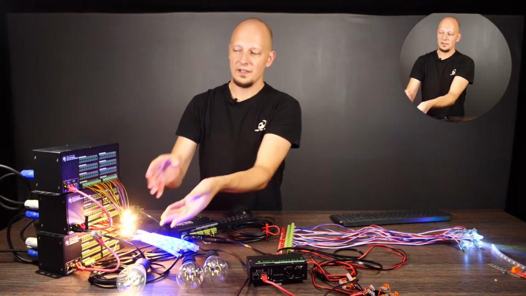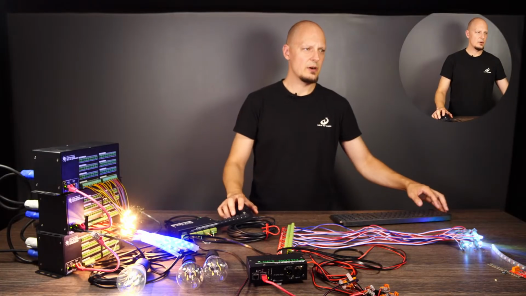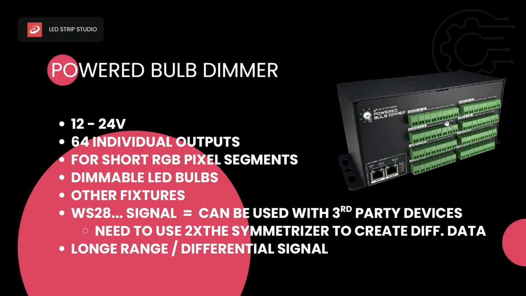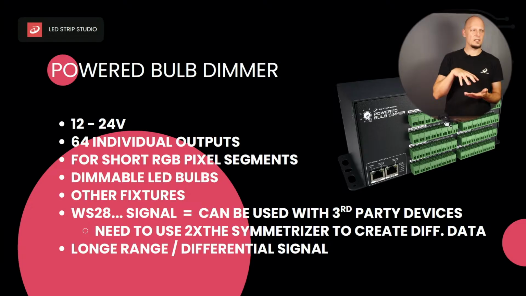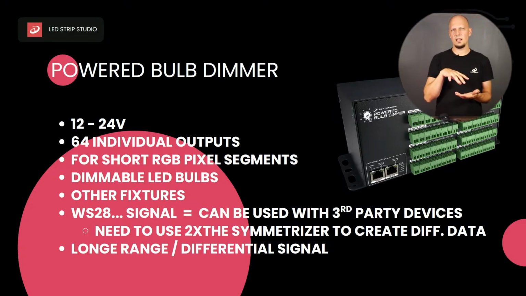You can also daisy chain multiple powered dimmers up to 60. It has 64 outputs, and you have to be within the limit of the single output, which is 1024 pixels. So you can have multiple such dimmers on a single output, and on each dimmer you can have up to 64 pixels.